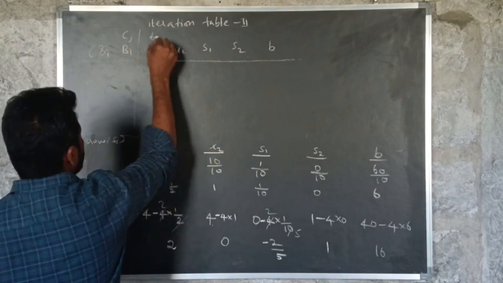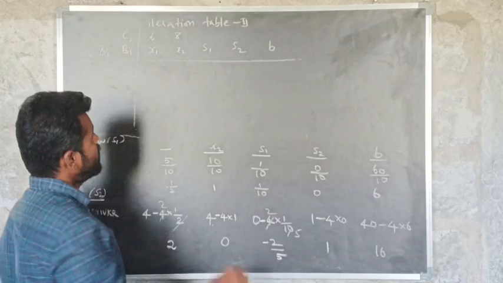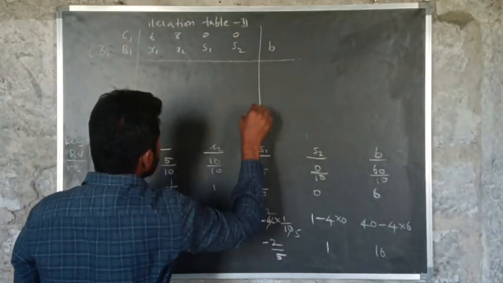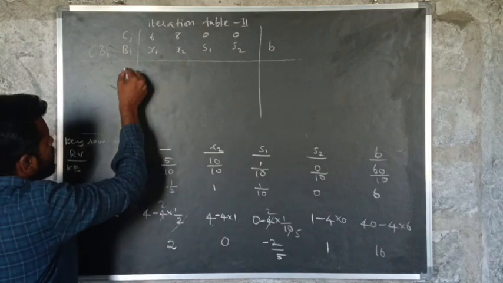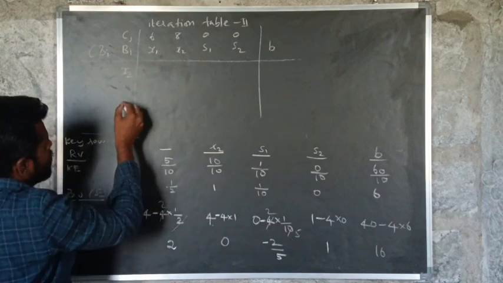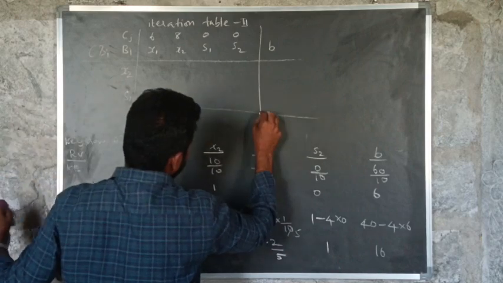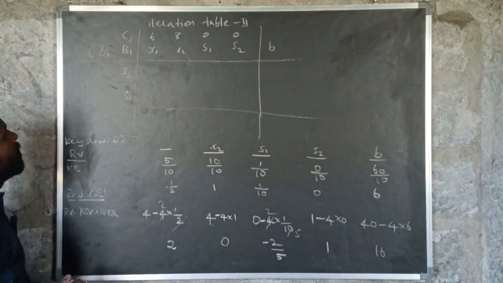Here it is the same, it won't change. In the first row, the coefficients of the objective function won't change, they come as they are: 6, 8, 0, 0. Here we said s1 is replaced by x2, and s1 comes as it is, because x2 is entering the basis and s1 is the leaving variable.